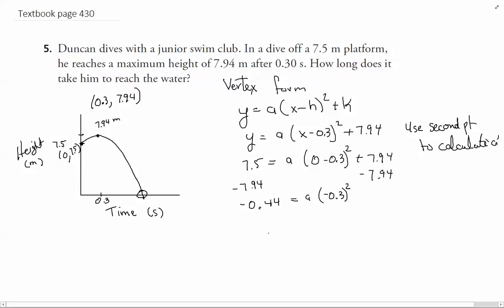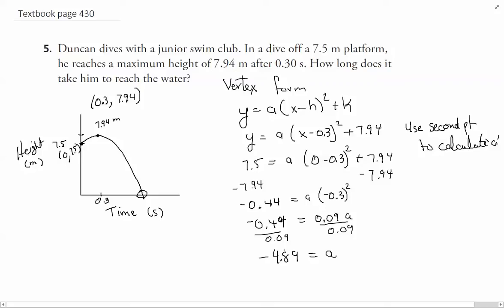So we have negative 0.44 equals 0.09a. We divide both sides by 0.09, and that gives us negative 4.89 is equal to a.